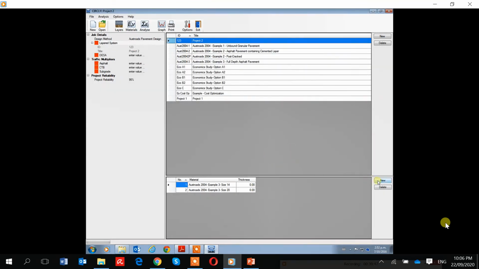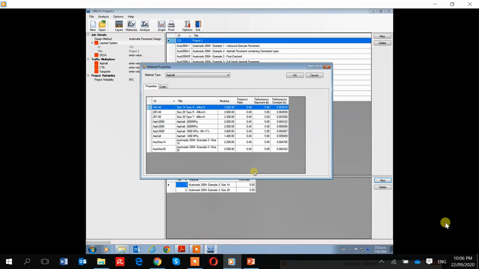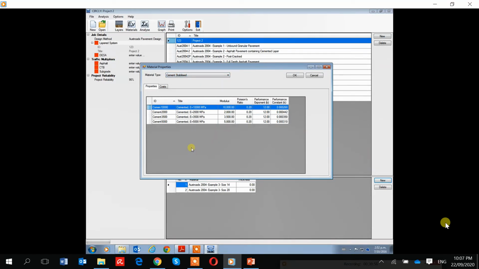The third layer is cement stabilized, with a modulus of 2000.